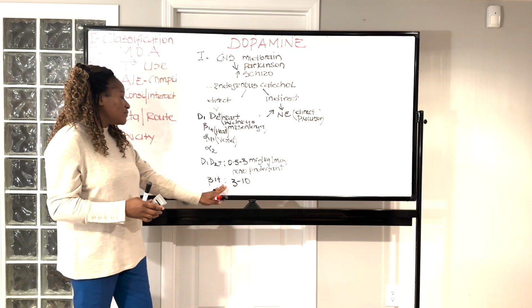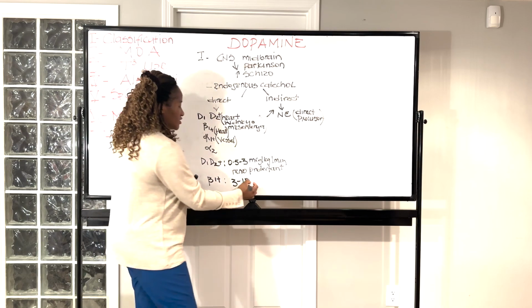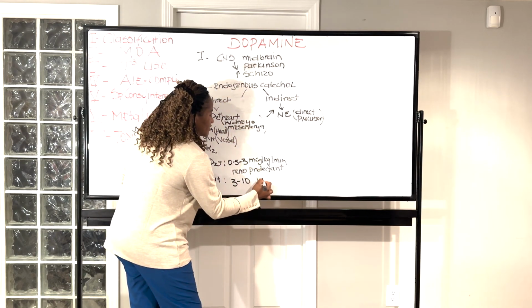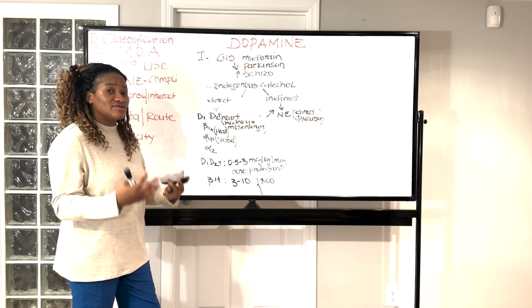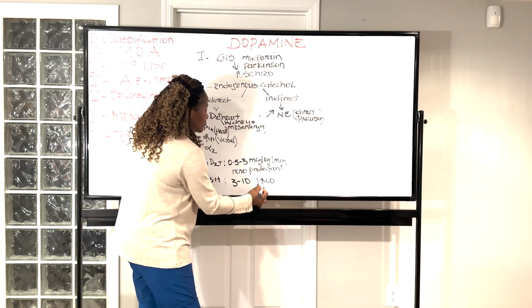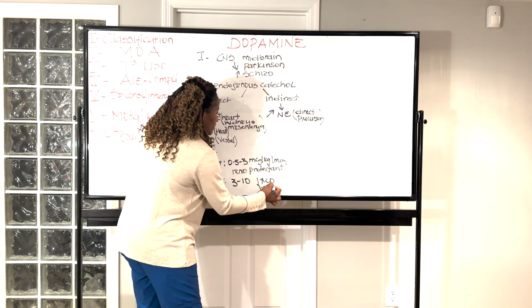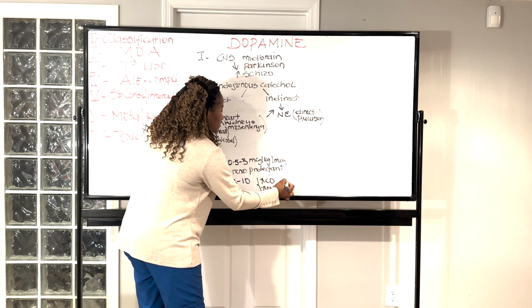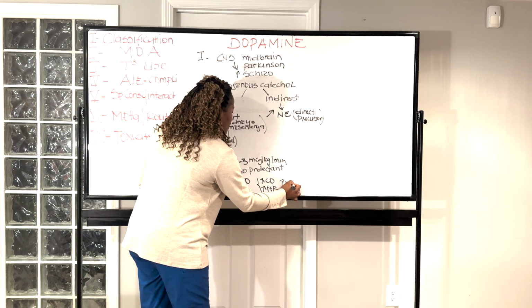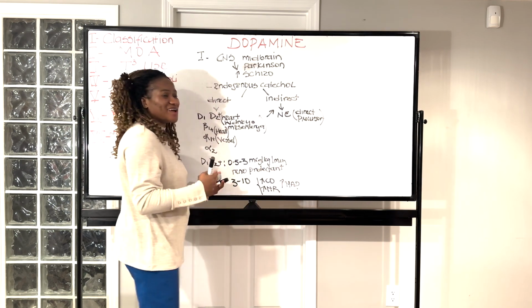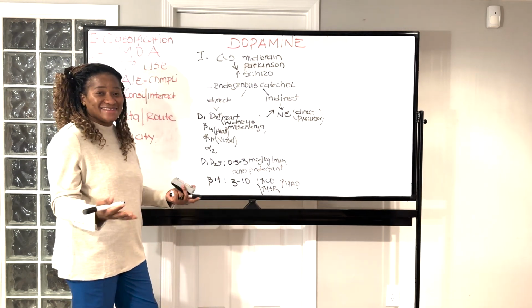So on your beta 1 receptor activation, you're going to have an increase in cardiac output. Remember, beta 1 is mainly located on the heart. You're going to have an increase in heart rate, and your MAP is also going to increase, which is the action that we are looking in ICUs, right?